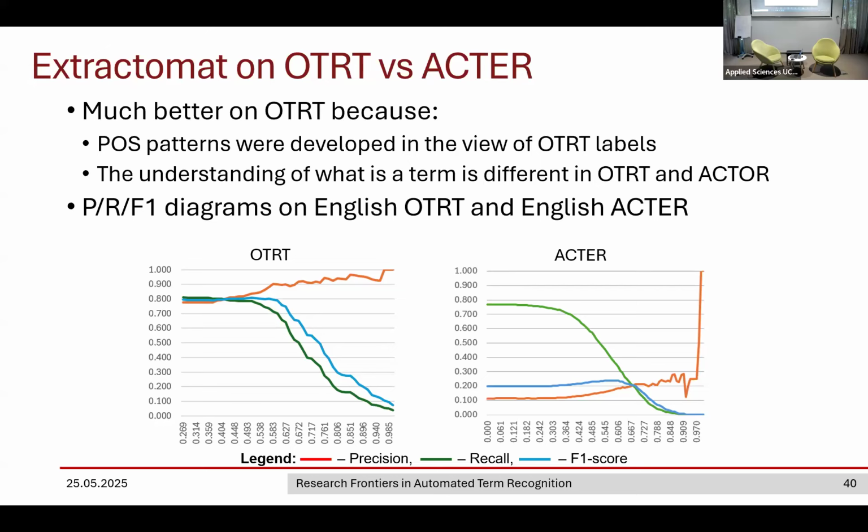Perhaps Actor understands what is a candidate term and what is not slightly differently from how we did while marking up OTRT. This is one of the challenges in the domain, by the way. If you take two different data sets, you cannot directly compare the results, just because if you have 4 experts labeling the data set, you will have 6 different opinions. And the second reason is that the understanding of what a term is differs in OTRT and Actor as well.